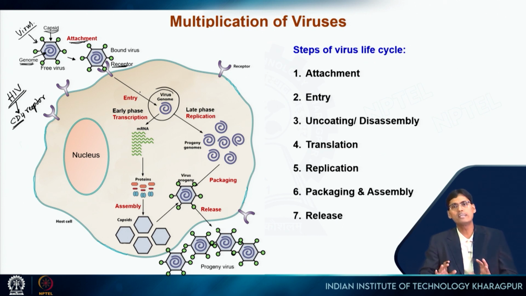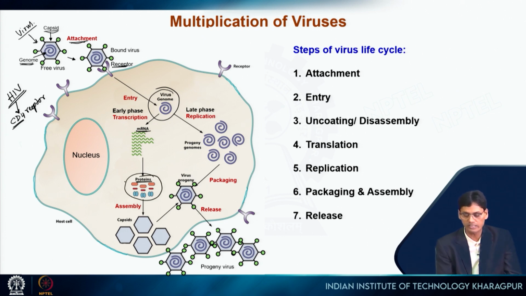But in brief, from the viral genome, mRNA will be produced in order to make protein, because all the raw materials and machinery, including ribosomes and tRNA, are present inside the host cell. That way, it will utilize host machinery and make viral proteins.